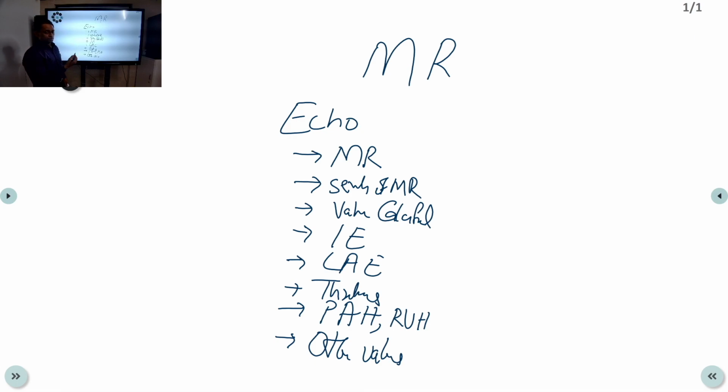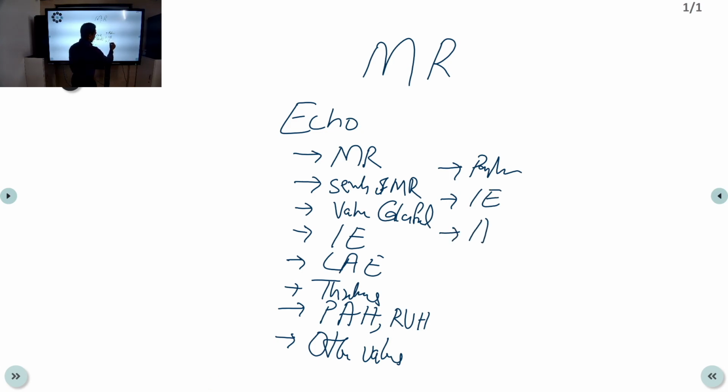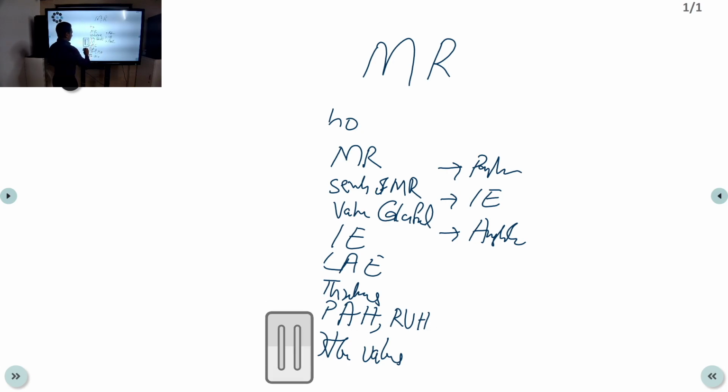It also gives you a clue regarding the etiology, like I mentioned earlier. If there is a papillary muscle dysfunction secondary to ischemic heart disease, you can identify that. If it is due to infective endocarditis, you can identify that. If the patient has amyloidosis or any deposition or connective tissue disorder, pericardial effusion, or any other diseases, you can identify that. These are some of the uses of echo in a patient with mitral regurgitation.